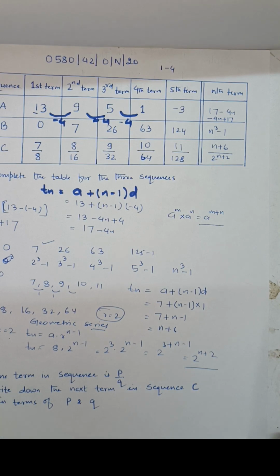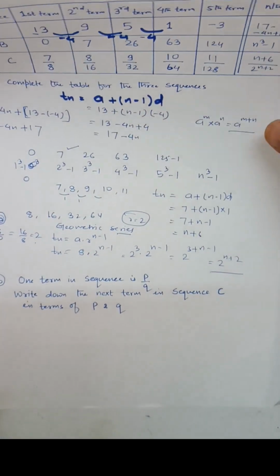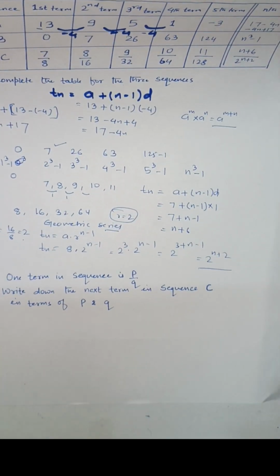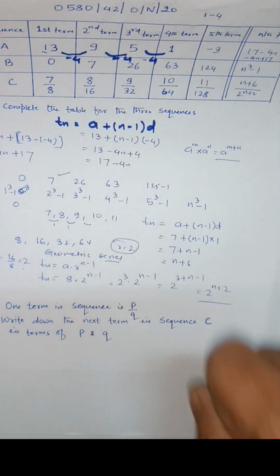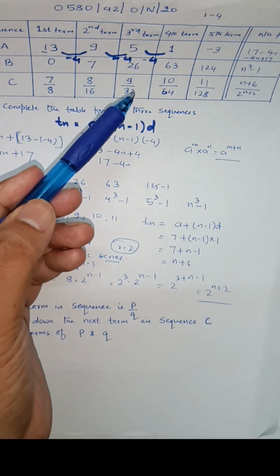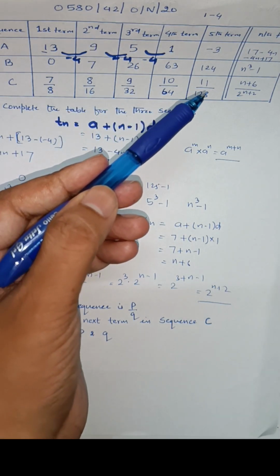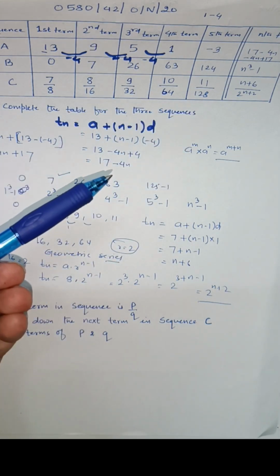Now moving to the second part of the question. If you see the second part, one term in the sequence is p upon q. Write down the next term in the sequence in terms of p and q. So if you see, this is 7 upon 8, 8 upon 16, 9 upon 32, 10 upon 64, and so on.